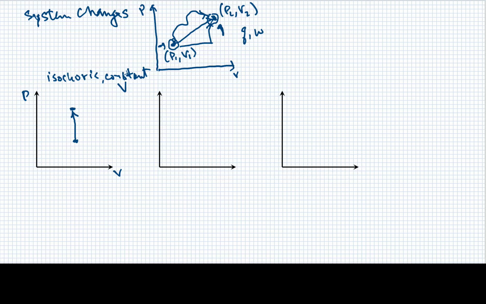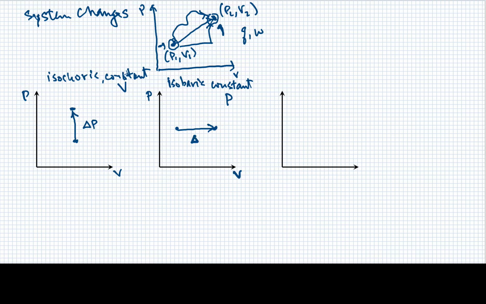What about isobaric change? Remember, that was constant pressure. All right, so now if I start here and I go to here, I would have pressure is constant because it's the vertical axis, volume is the horizontal axis. So in the first case, this is going to result in a change in pressure.